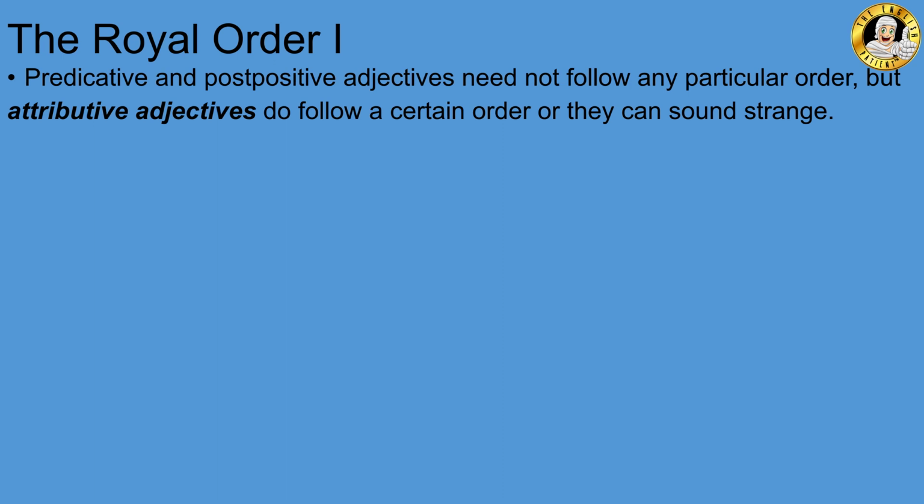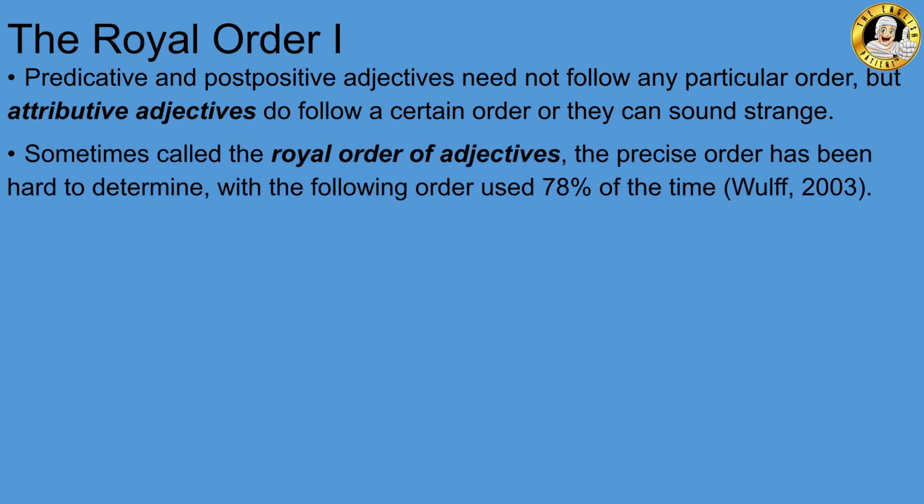But with attributive adjectives, you do generally need to follow some kind of order, or they can sound a little bit strange to a native speaker. Now, sometimes referred to as the royal order of adjectives, the precise order in which these adjectives should be placed has been quite difficult actually to figure out.